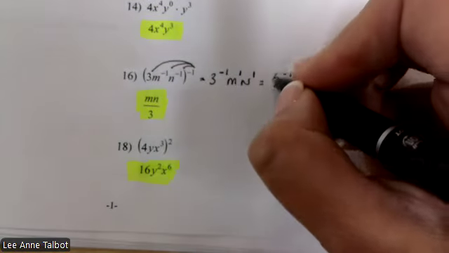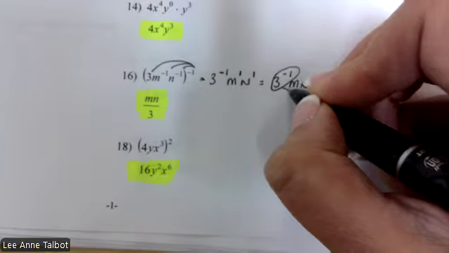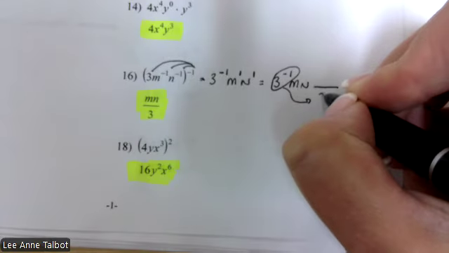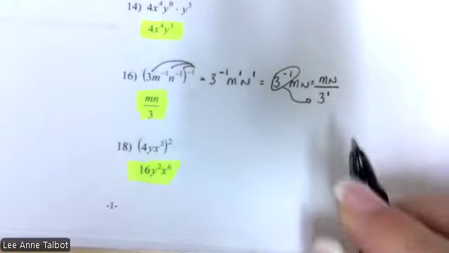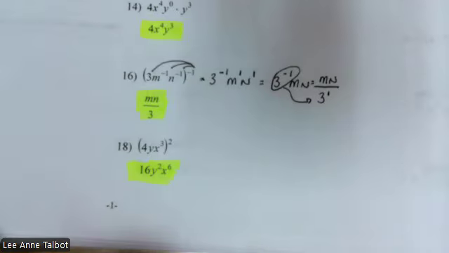And then 3 to the -1 is a negative exponent, so that's going to go to the bottom and become 3 to the +1, and mn is going to stay on top, and then you can see how I got that. That was a little spicy.